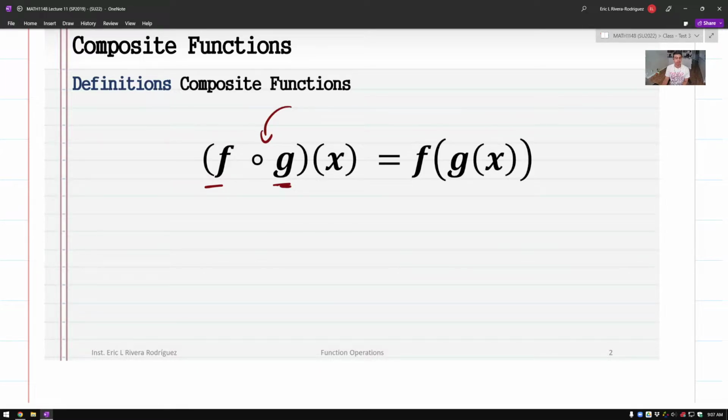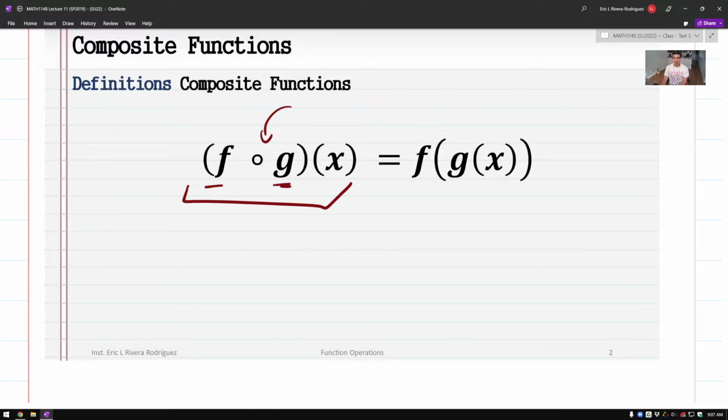Okay, Timothy, we can talk about that after class. So this is the notation for the operation of composite functions, where we use two functions to create one composite function.